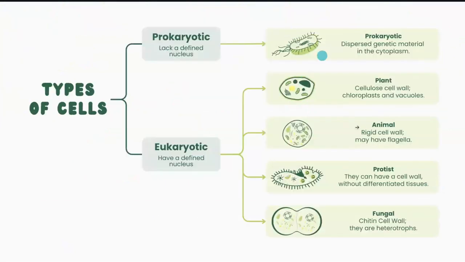Okay. I said previously, which is what we're getting into now, that there are two different types of cells. The first is prokaryotic, and the second is eukaryotic. The difference between the two really is that prokaryotic cells do not have a defined nucleus.